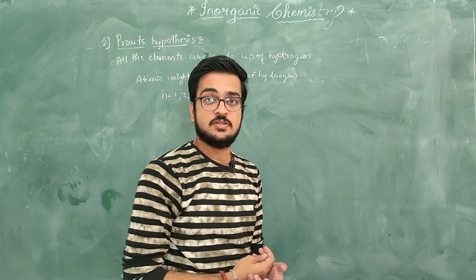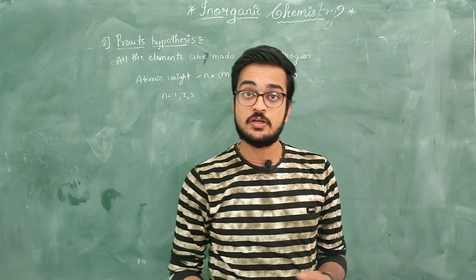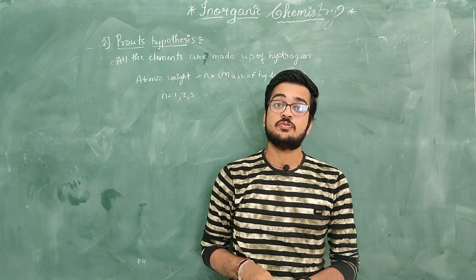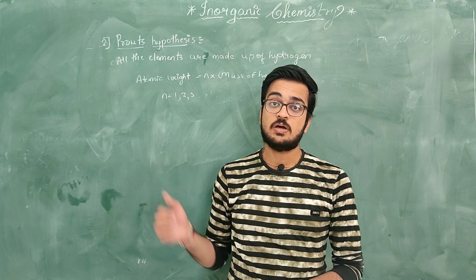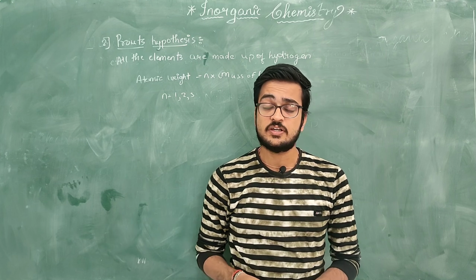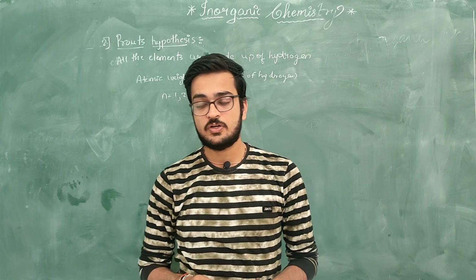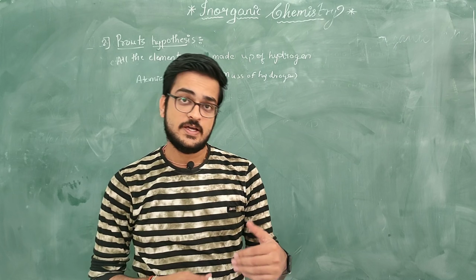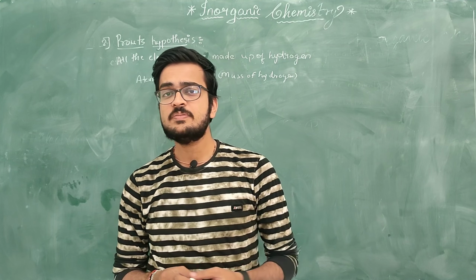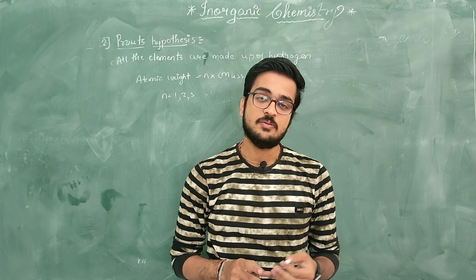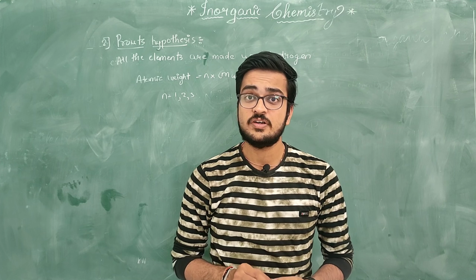To some extent obviously he was right, there were many elements which followed this rule. If you want to calculate the atomic weight of sodium, you can simply multiply by a natural number and get a multiple of the weight of hydrogen. But as time passed, new elements were discovered whose weight was not a whole number; it was in the form of decimals.